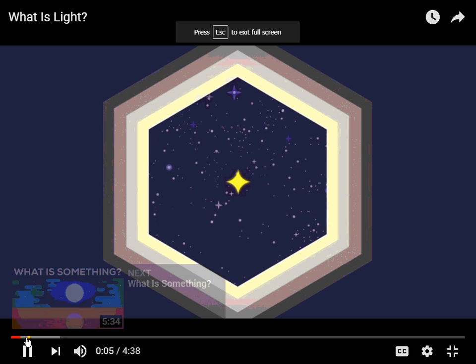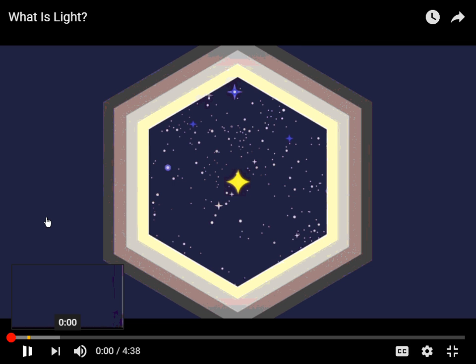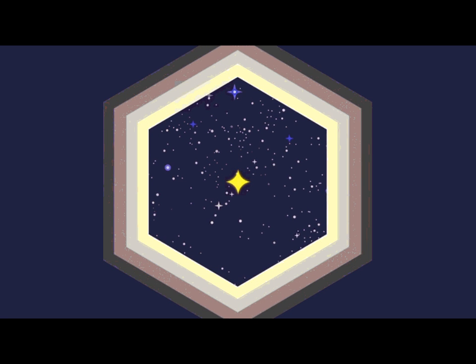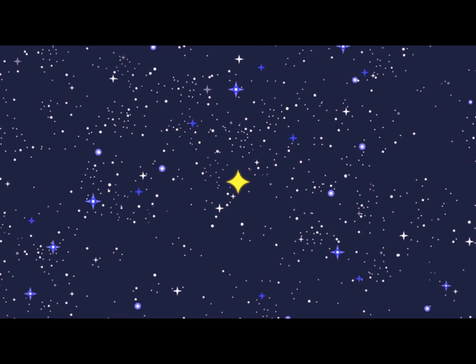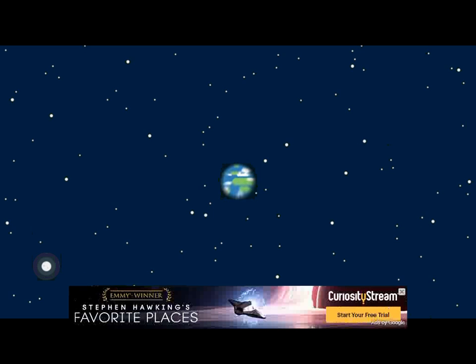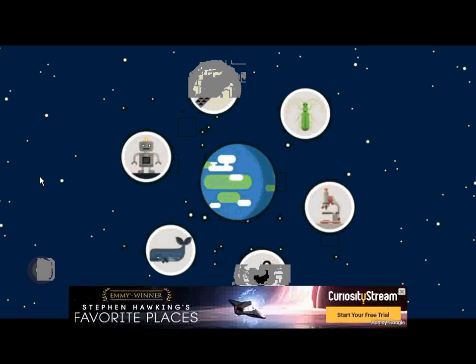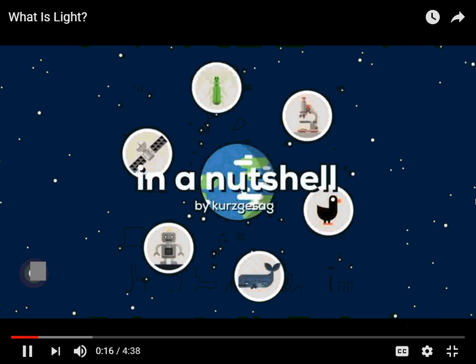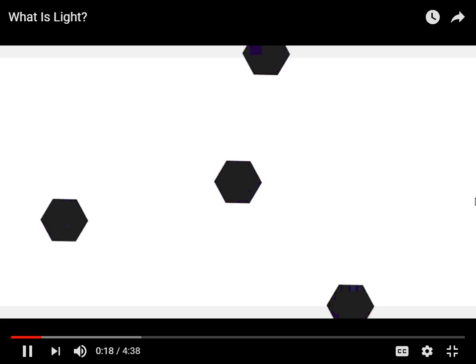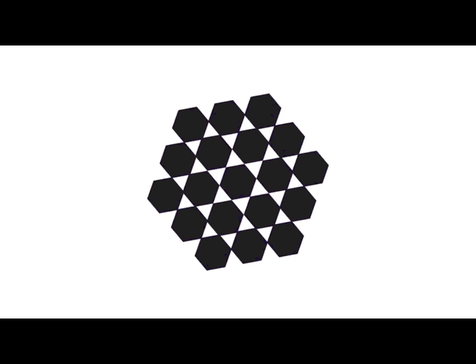Between us and the universe. Light is the connection between us and the universe. Through light, we can experience distant stars and look back at the beginning of existence itself. But what is light? In a nutshell, light is the smallest quantity of energy that can be transported.